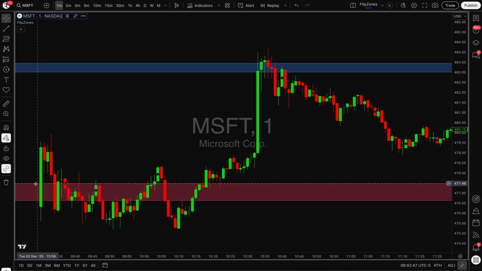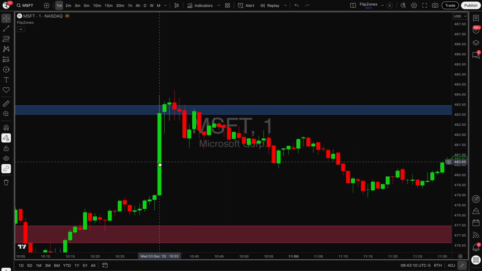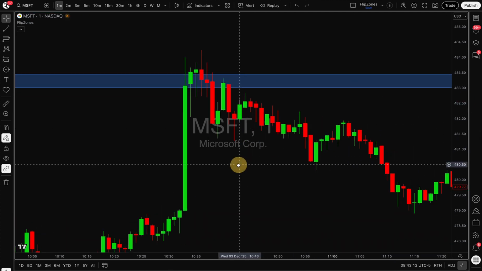I am ignoring this price action down here because you'll see that Microsoft opened right on the zone. I'm not really interested in trading when a stock opens right on the zone. So I will be ignoring this zone until Microsoft is able to move away from it. And it did at 10:33 a.m. on Wednesday.